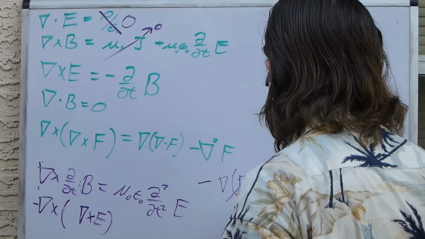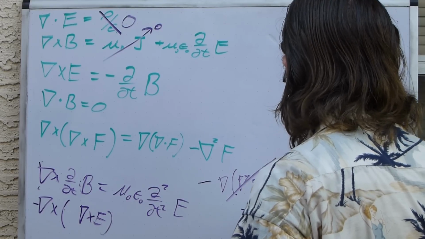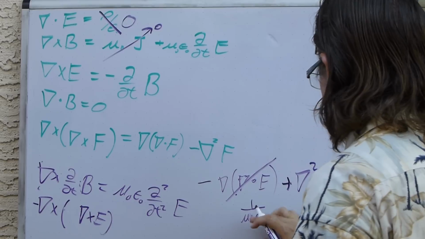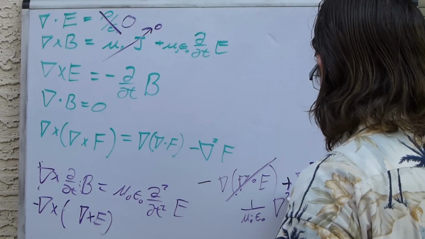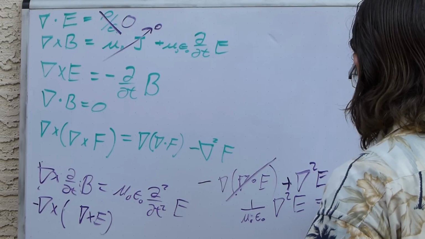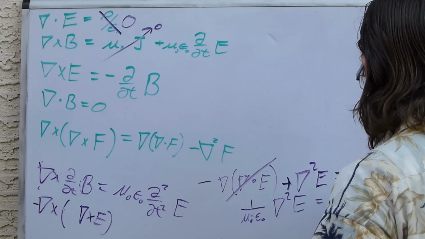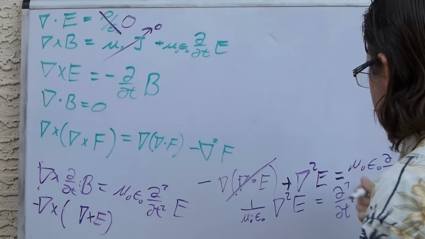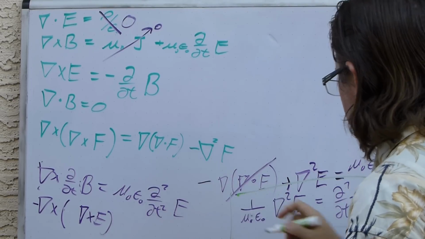1 over mu naught epsilon naught Laplacian E equals the second time derivative of E. And that right there is the wave equation.